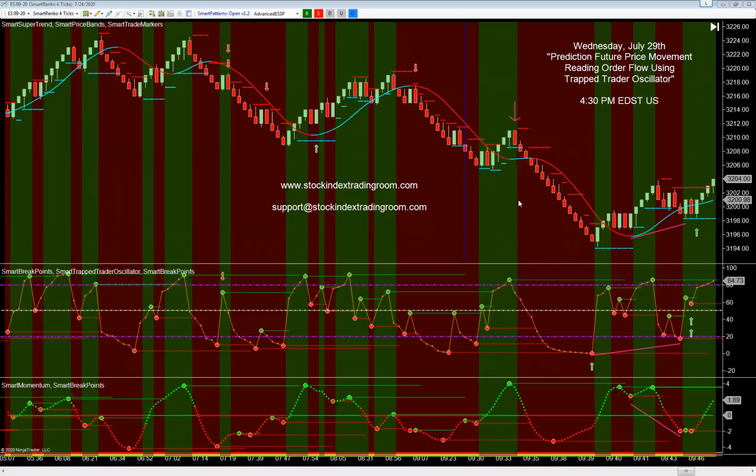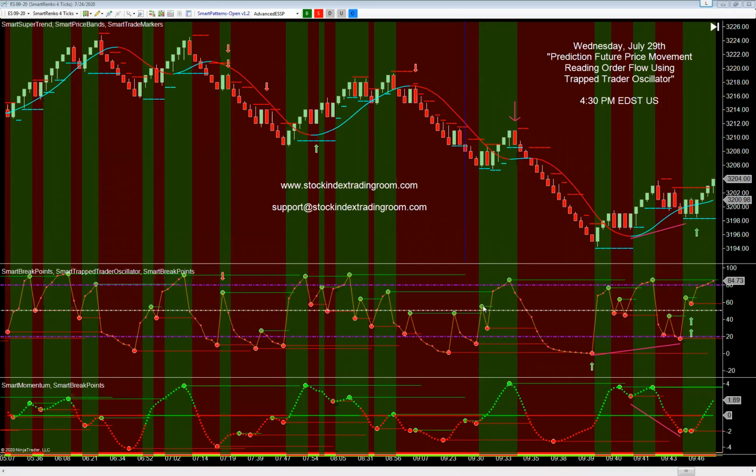So basically what we're doing is this. You'll notice these green and red horizontal lines. We call these TTO. This TTO dot is a smart break point. We call this Trap Trader Oscillator smart break point.